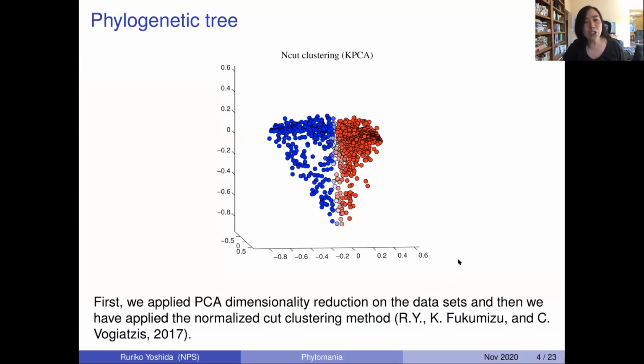It is kind of hard to see because it is a three-dimensional PCA, but we saw two clear separations. And I thought, oh my gosh, this is awesome, because the reason we couldn't really resolve the phylogenetics is that I think we had two big clusters.